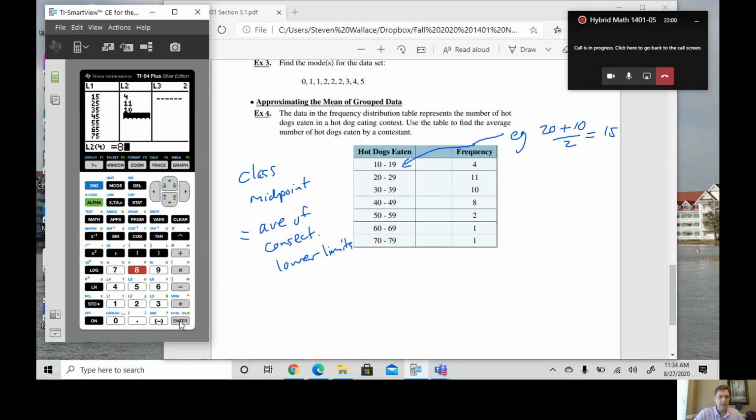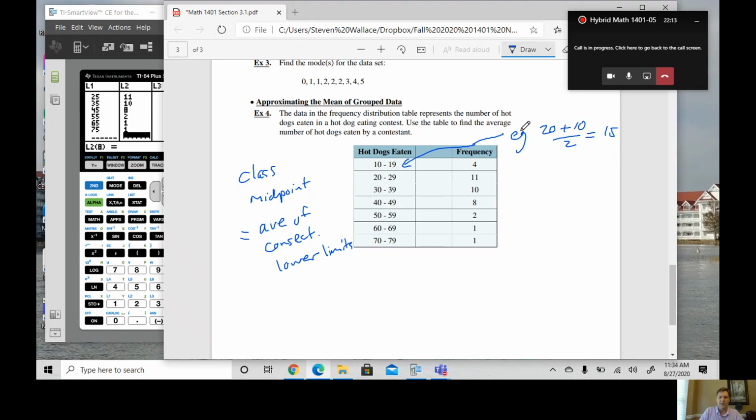10, 8. And the reason why we're doing this is because what we're actually calculating is a weighted average. Sort of like how we calculate your grade, right? Not every graded item counts the same.